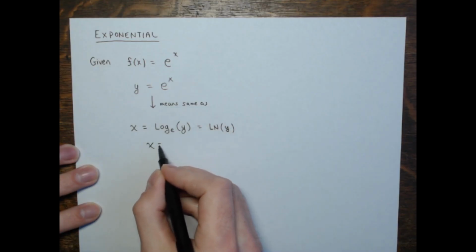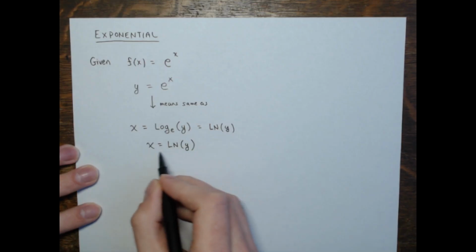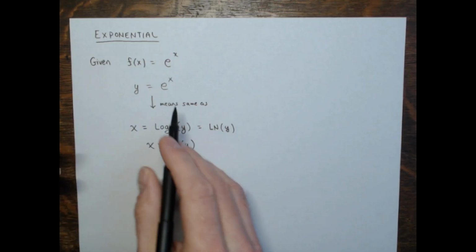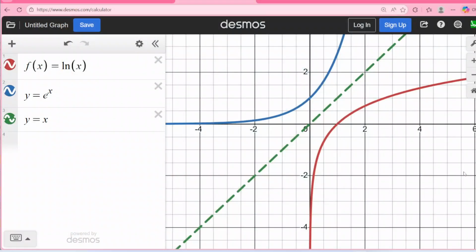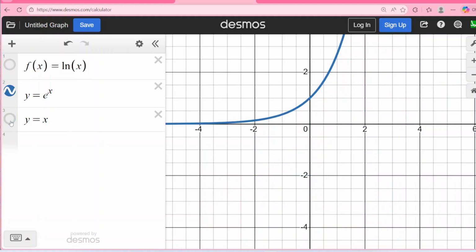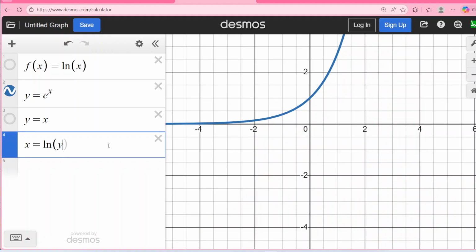And I'll show you. Right, we'll go back to Desmos here. I'm going to enter this equation, and you'll see it's the same graph. It's going to have the same exact points, the same ordered pairs, x and y values satisfied. So again, here's your e to the x curve, right, this blue curve here. And if y is e to the x, that means x is the natural log of y.